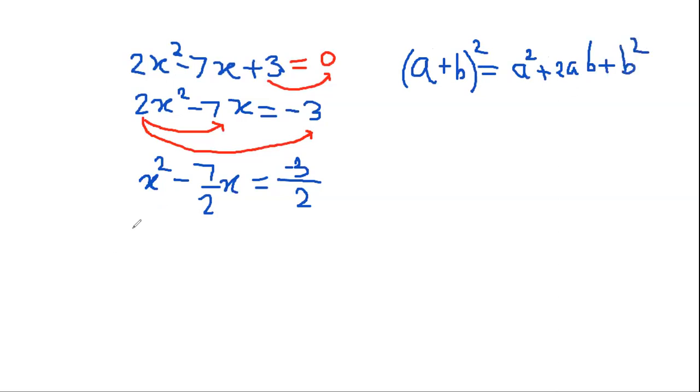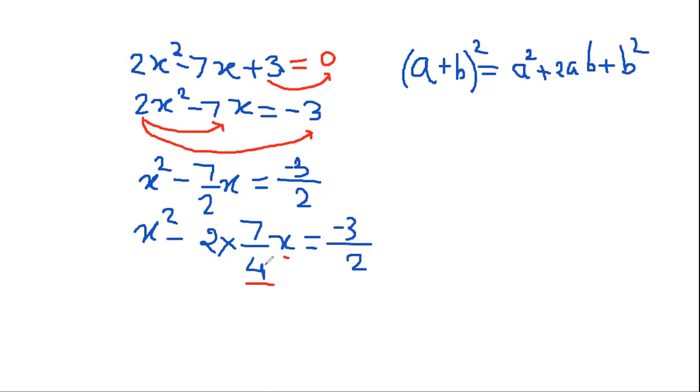Okay, so x square minus 2 into 7 upon 4x equals minus 3 by 2. Then that term is 7 upon 2, 7 upon 4 becomes b and x becomes a. So add 7 upon 4 square on both sides.